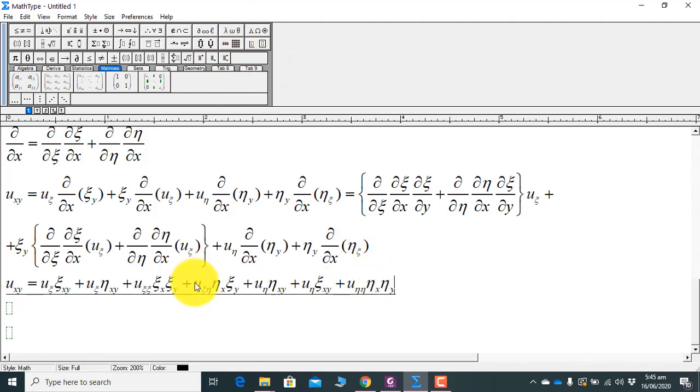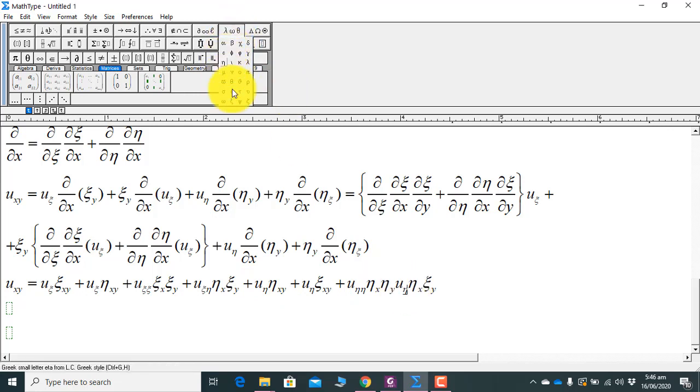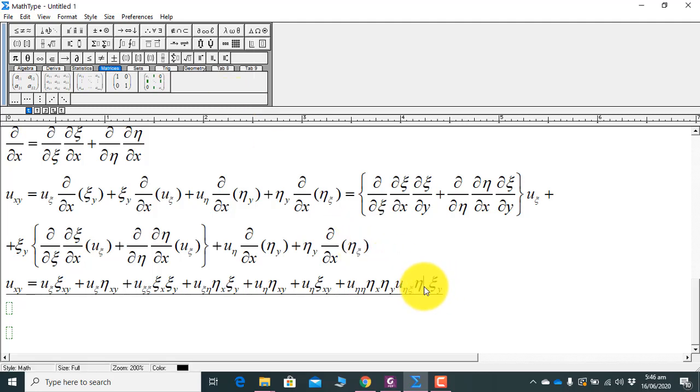And for the last term you will have u xi eta, instead you will have eta xi. They are both equal because we are having continuous first order partial derivatives, no problem for that. Instead of eta you will have xi, and instead of xi you will have eta. This is the total answer.